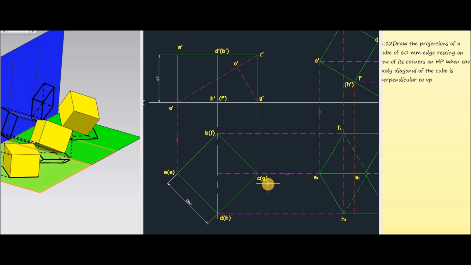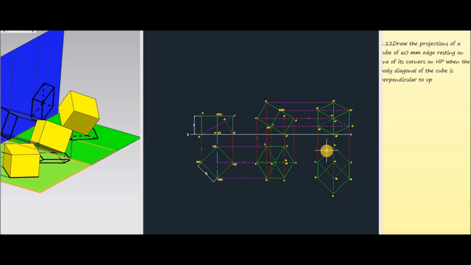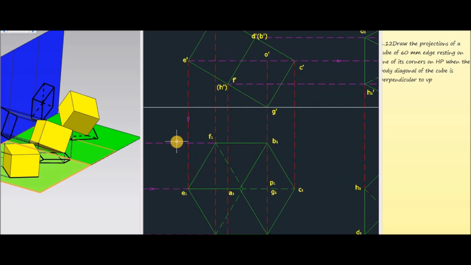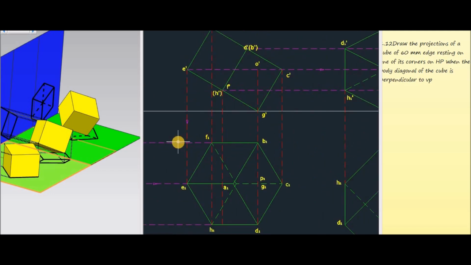During the next stage we will tilt this cube with respect to the base edge G. What will happen is the body diagonal comes into a parallel condition, that means E dash C dash should be parallel to the XY line. So this is the second condition. From this figure you can see that the body diagonal E dash C dash is parallel to the XY line, and G dash O dash is perpendicular to the XY line.